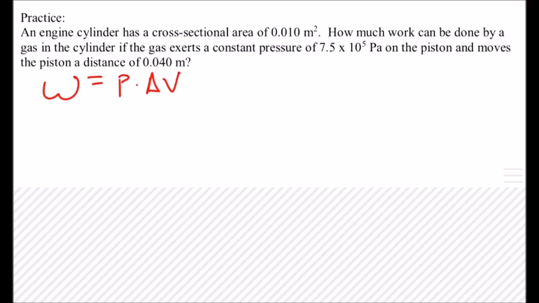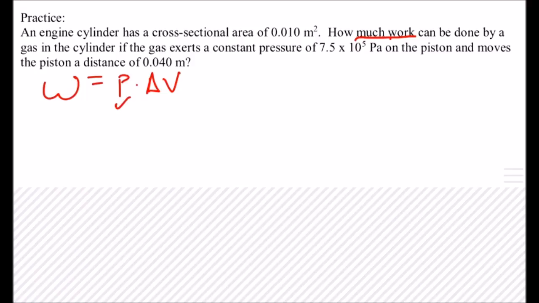And then let's look and see what we have. We're being asked how much work, so that's going to be the correct equation to use in this case. And they're talking about pressure and stuff, so obviously this is the right form of the work equation that we want to use. They gave us the pressure, okay, so we have that, but they didn't give us the volume.